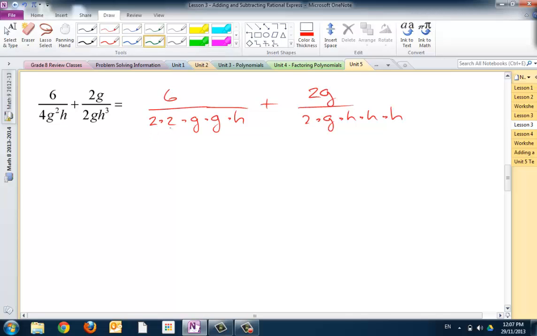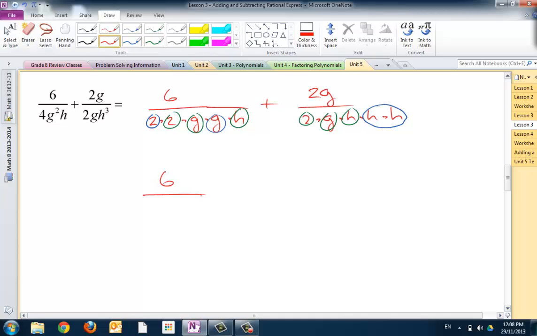And I can say that a 2 is common, a g is common, and an h is common, which means on the left-hand side, I need to multiply it by h squared, and on the right-hand side, I need to multiply it by 2g. Right? So there's the h squared that's missing, and there's the 2g.